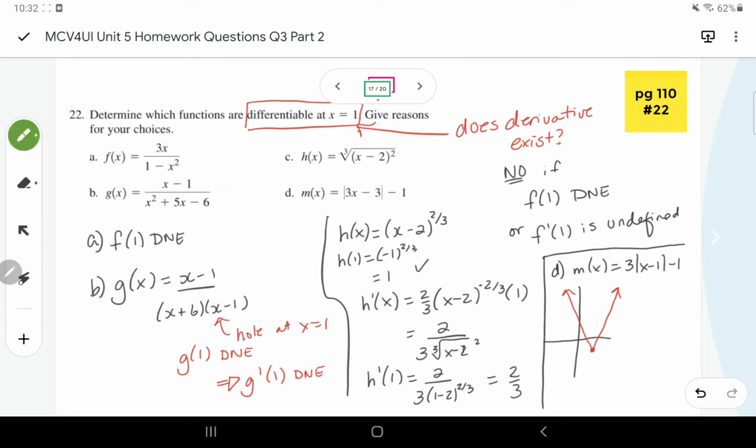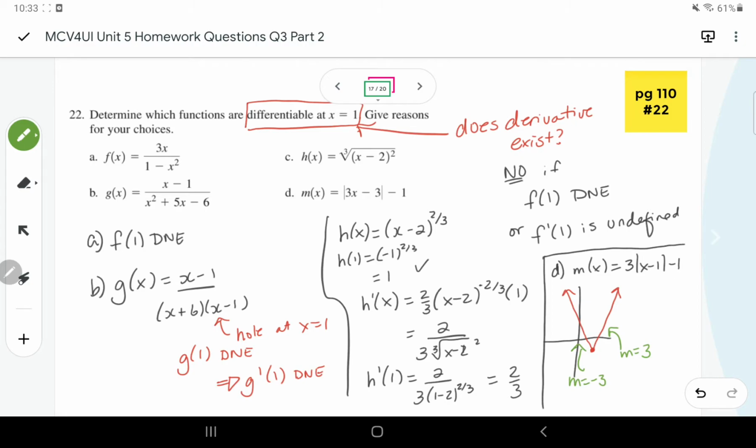And basically, we would have to figure out for x less than 1, this would have one equation. So what would the equation of that line be? And then it would have a different linear equation. Because the slopes of those are different at each point, here the slope would be -3, and here the slope would be 3.